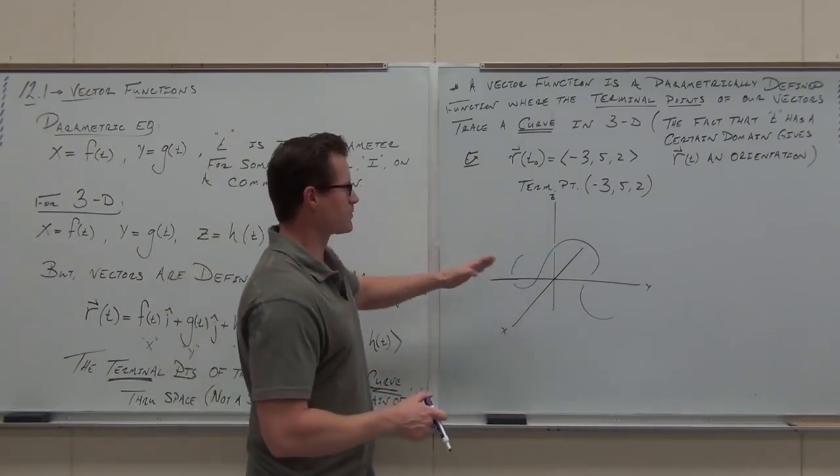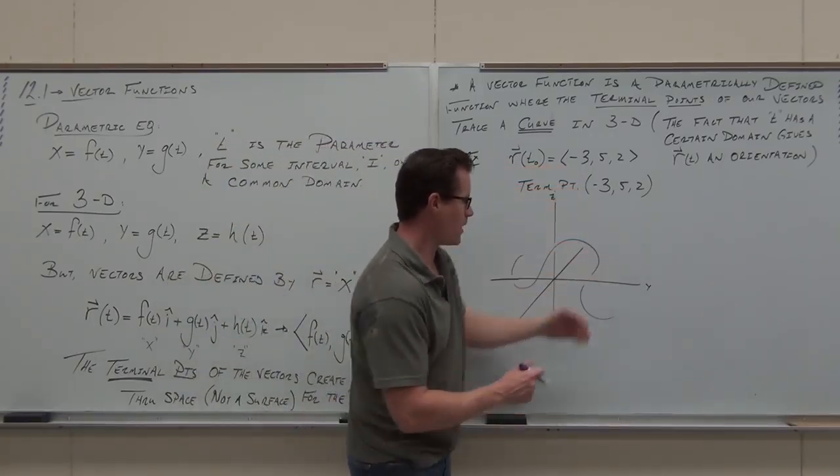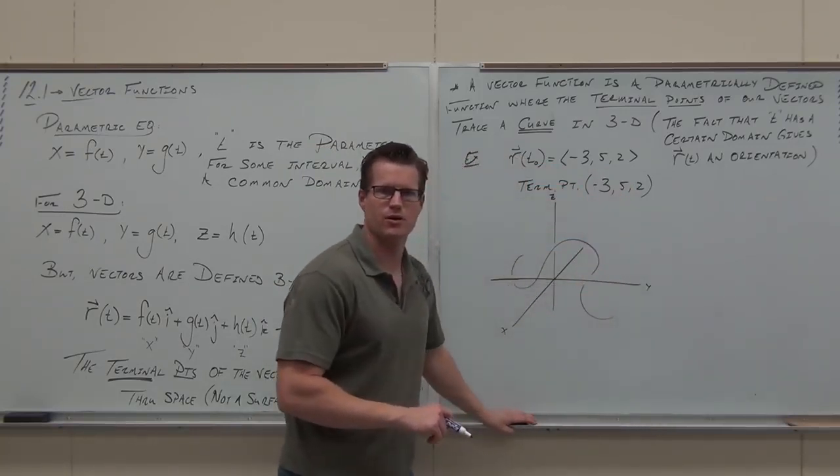So this is coming around, wrapping up over top of the z, coming around the y, and then going on. Do you guys see the picture I'm trying to draw for you?